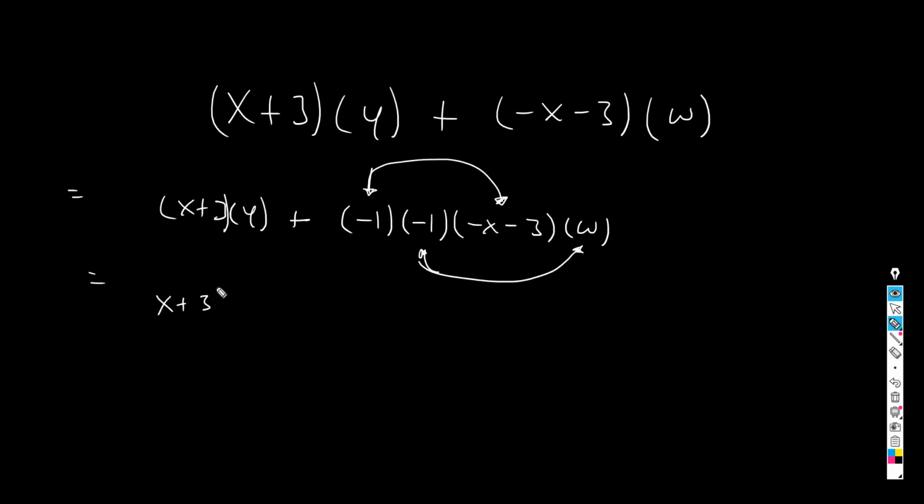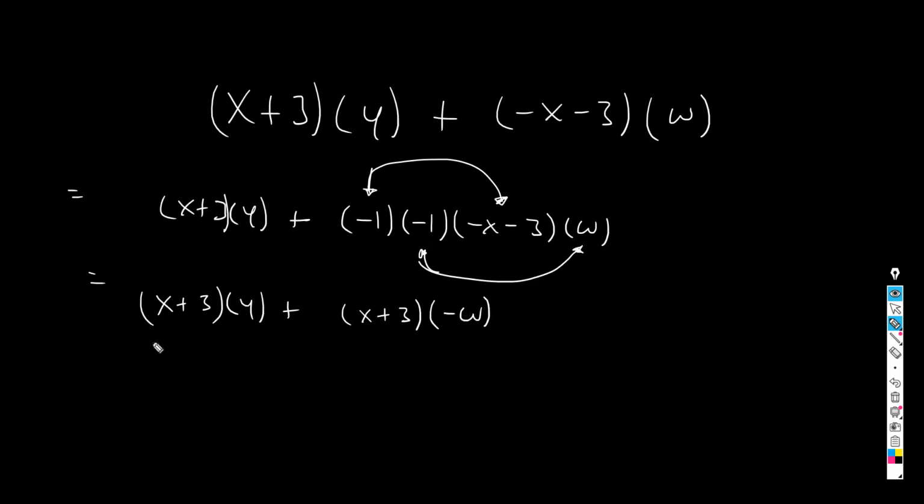So I'm gonna get x plus 3 times y, and then plus minus 1 times minus x minus 3. If you do that independently, you will get x plus 3. Convince yourself, do it separately. It's very simple. And when we multiply minus 1 times w, I'm going to get minus w quite clearly.